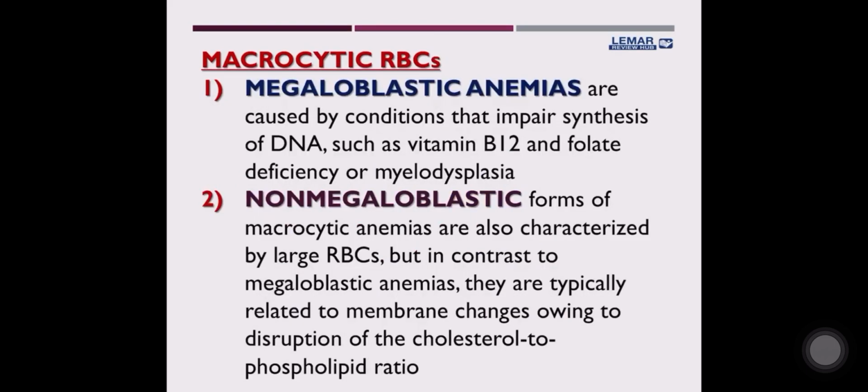Now in megaloblastic anemia, the DNA synthesis is impaired due to vitamin B12 or folic acid deficiency. In non-megaloblastic anemia, DNA synthesis is unimpaired. According to Rodak, non-megaloblastic anemia are typically related to membrane changes owing to the disruption of cholesterol to phospholipid ratio.